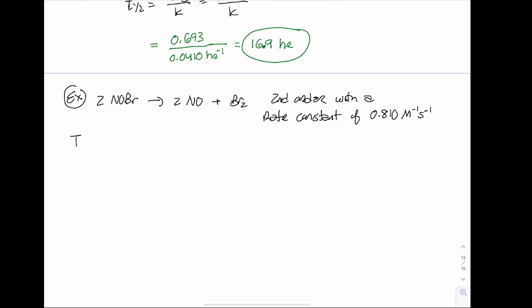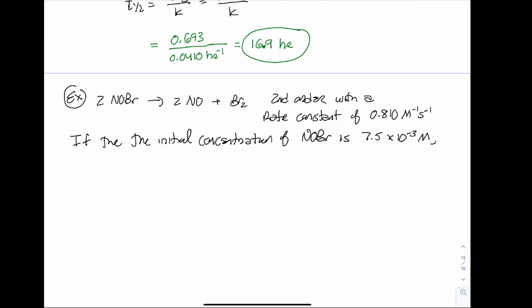So our question: if the initial concentration of NOBr is 7.5 times 10 to the negative third molar, how much is left after 10 minutes?